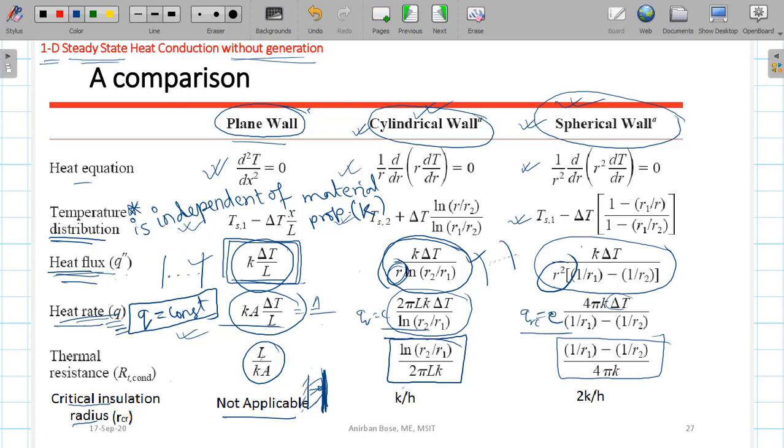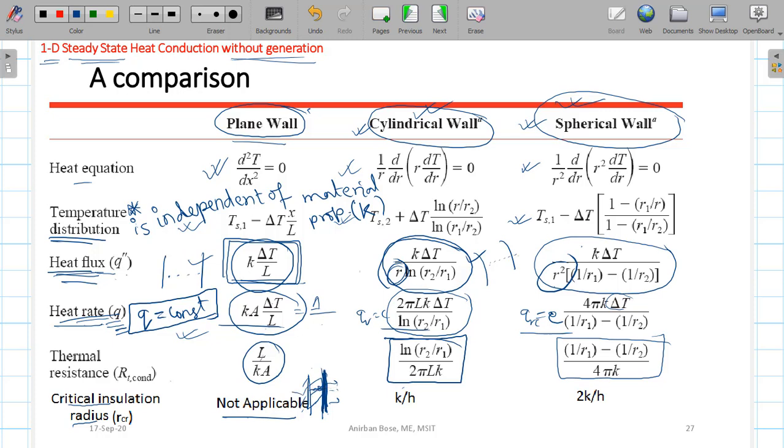As long as the cross section is the same, the convection area is the same, so that is not changing. So that is why it is clear that there is no existence of either an optimal or a critical radius of insulation, critical thickness of insulation. The reason is simple: the convection area is not changing, so convection resistance is not changing. So it is dictated by the conduction resistance, and conduction resistance increases with the increased thickness.